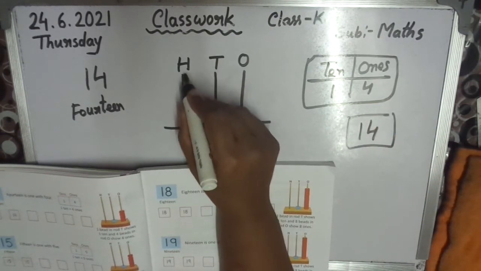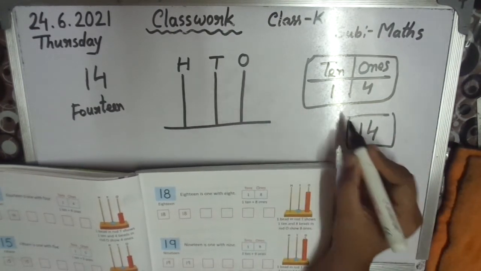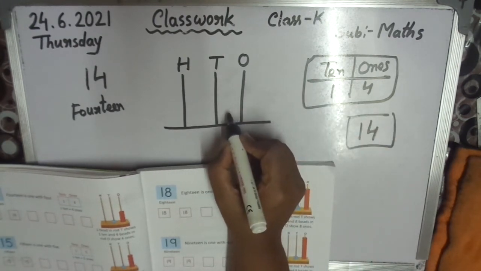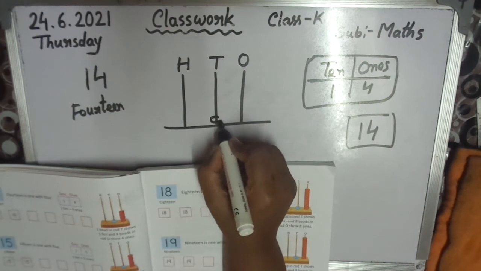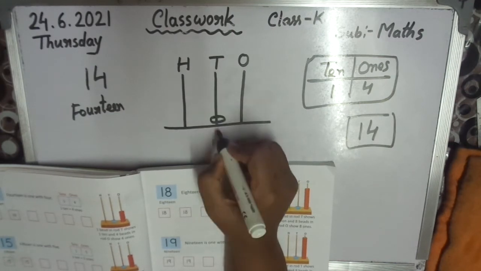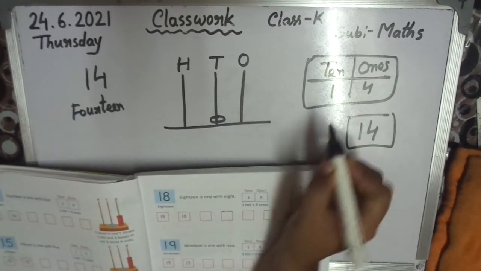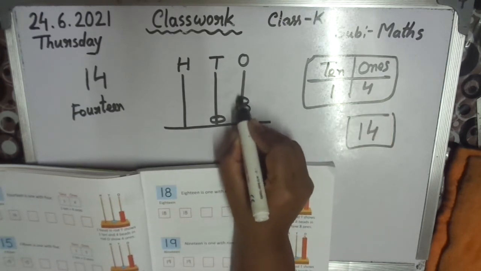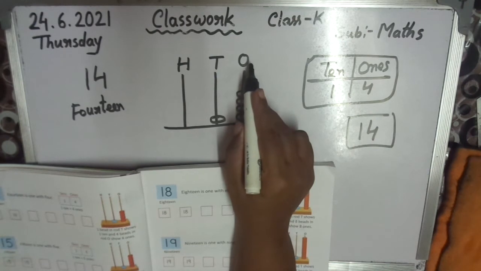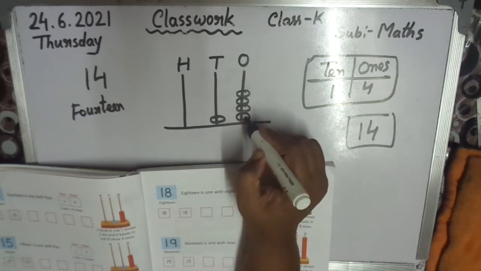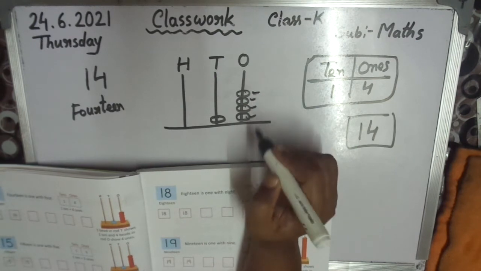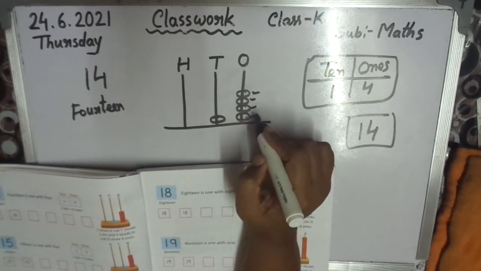Now children, see, 1 bead in rod T shows 1 ten. Next 4 ones, so I draw 4 beads in rod O. Count 1 2 3 4. 4 beads in rod O.